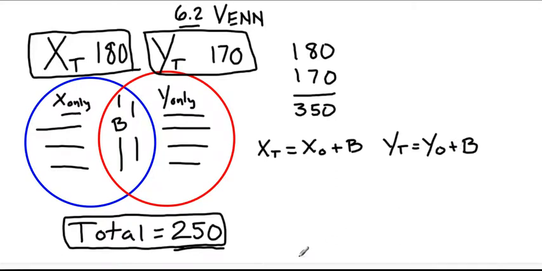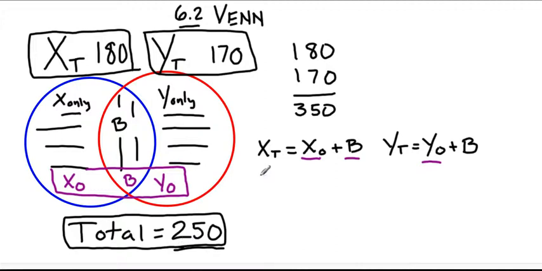What the 250 total people are equal to is the number in the set right here: dogs only plus both and cats only. This combination is going to equal 250. So it's a system of equations. That's what we're really working on here. So X only plus both plus Y only is equal to 250.